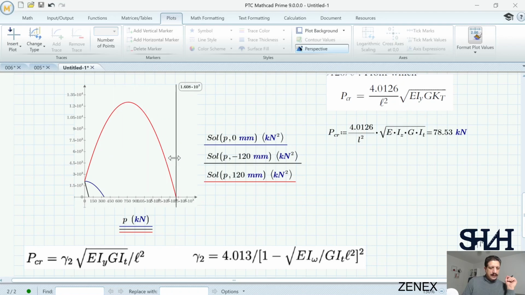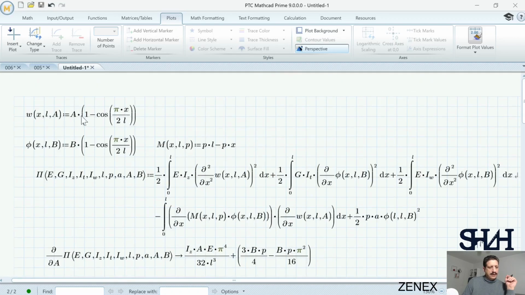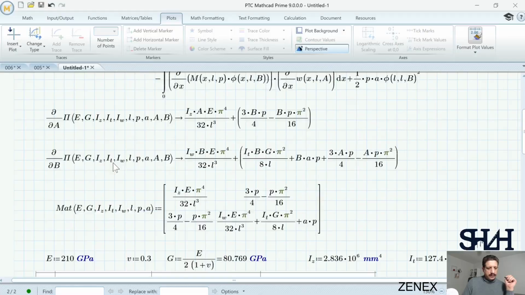I think that for a more accurate calculation, we need to add some terms, for example, other cosine terms, such as a times 1 minus cosine of pi x divided by 2L, plus another factor times 1 minus cosine of 2 pi x divided by 2L, and so on. Also, a Fourier series would be a good option to solve this problem.